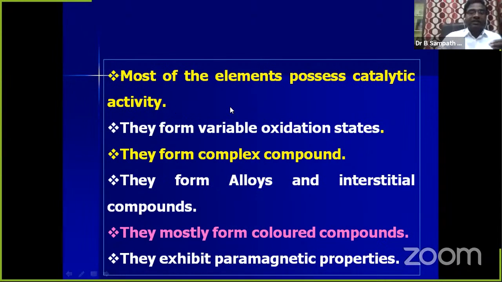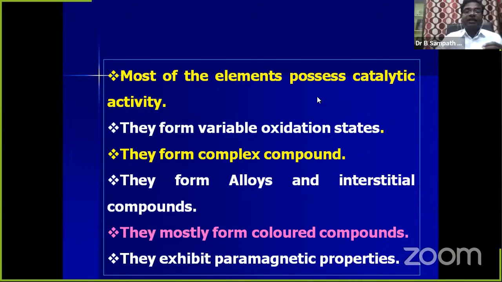So children, in this slide, the characteristic properties shown here are very, very important in the IPE also. Many times they ask, what are the characteristic properties of D block elements? So the question will come like that. See the answer here.